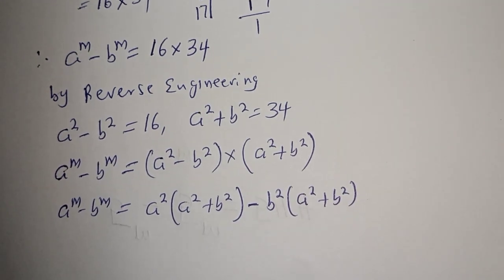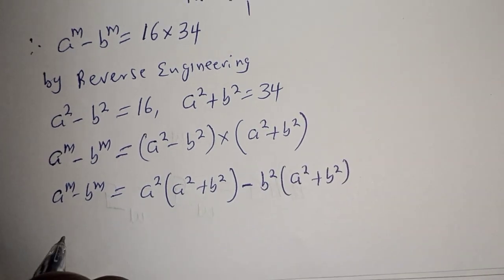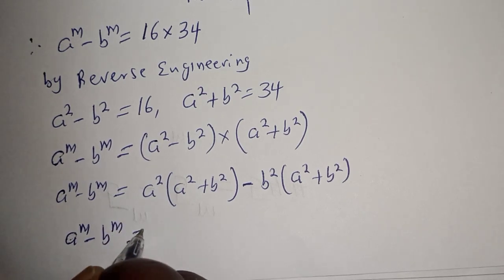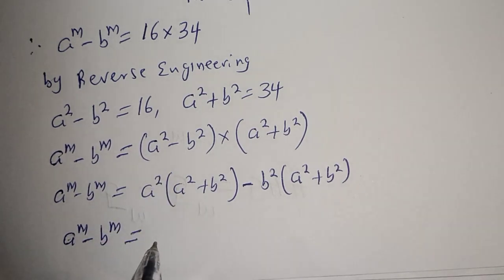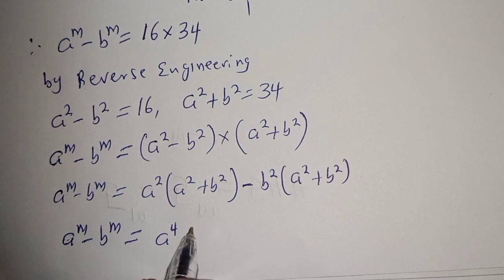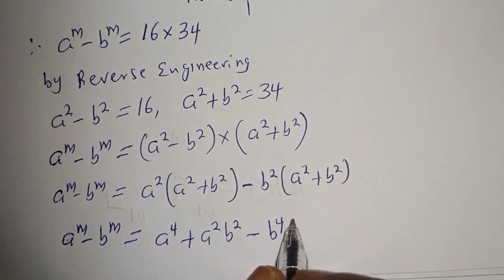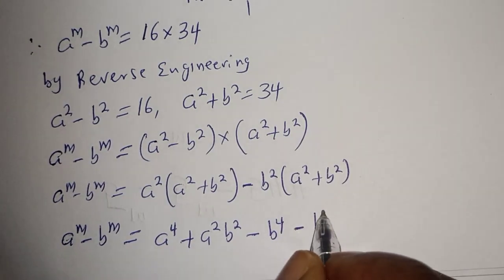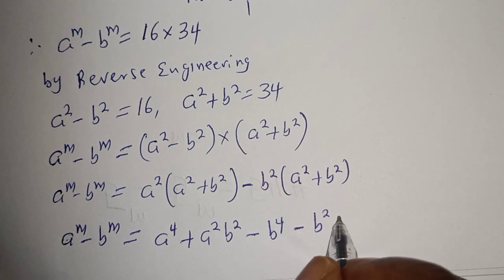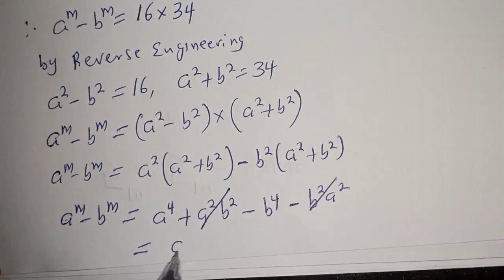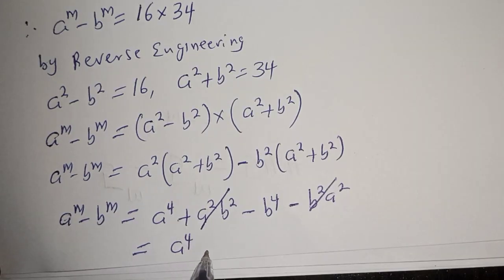So a raised to power m minus b raised to power m now will be equal to, from here we have a raised to power 4 plus a square b square minus b raised to power 4 minus b square a square. Then this will cancel this, a raised to power 4 minus b raised to power 4.